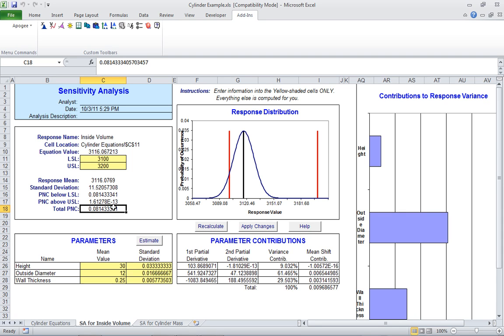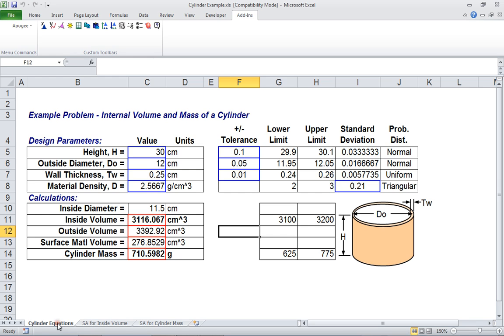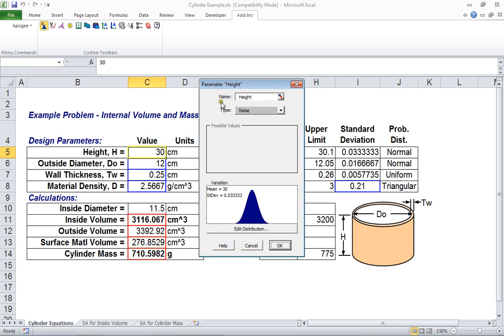Okay. Now then, let's go back to our problem and let's look at how we can define our design space for each one of these parameters. So for the height parameter, let's go look at its X definition, and where we had defined this as a noise parameter before, let's define this as a continuous parameter.